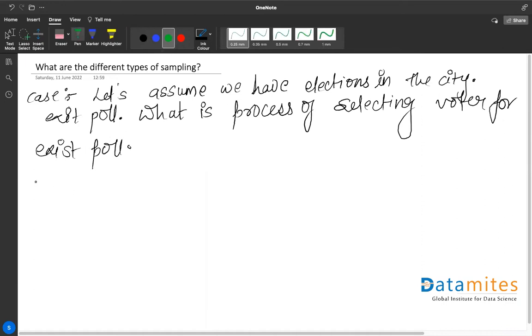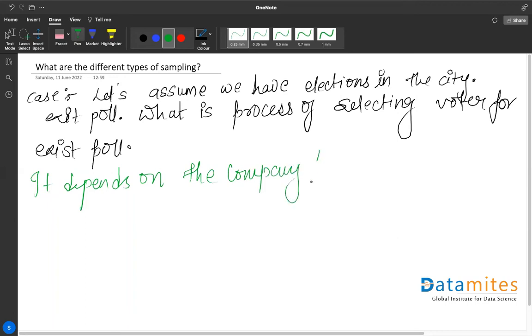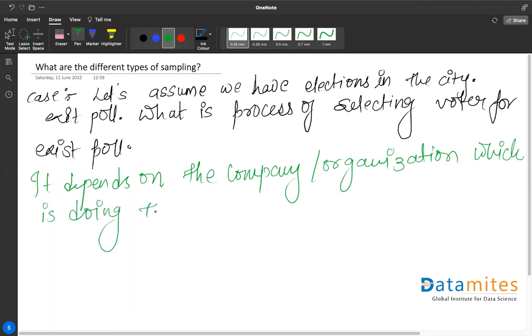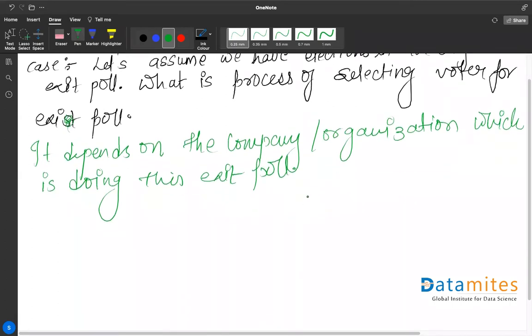You need to say that it depends upon the company or the organization which is doing this exit poll. They can take any criteria for that.